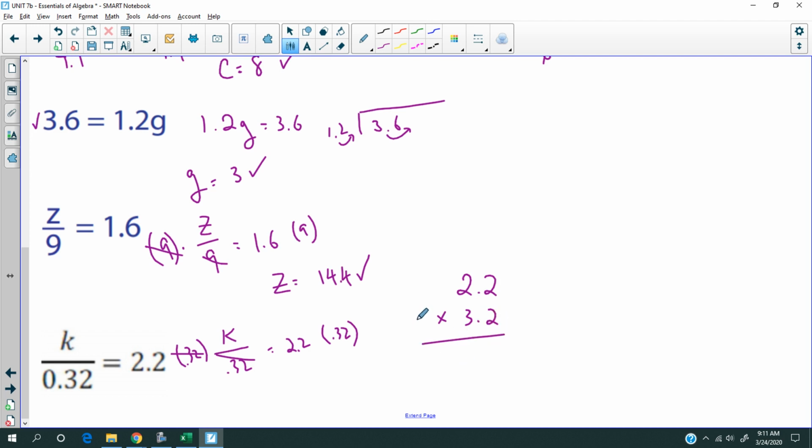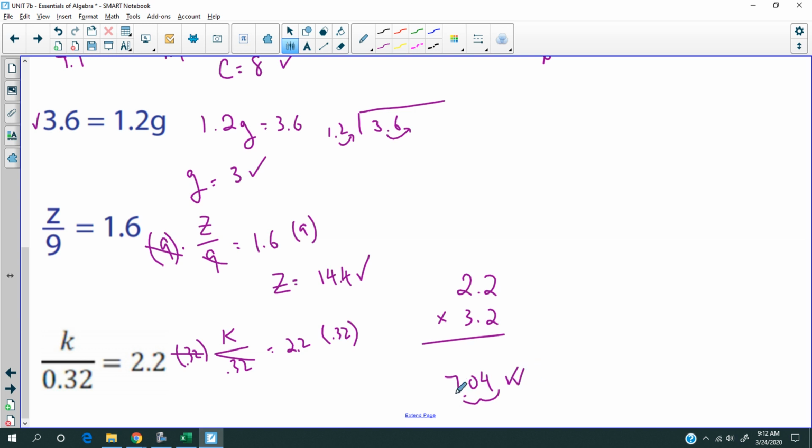I'll give you a moment. That's right. It comes down to 704, 2 decimal places. 1, 2, 7.04.